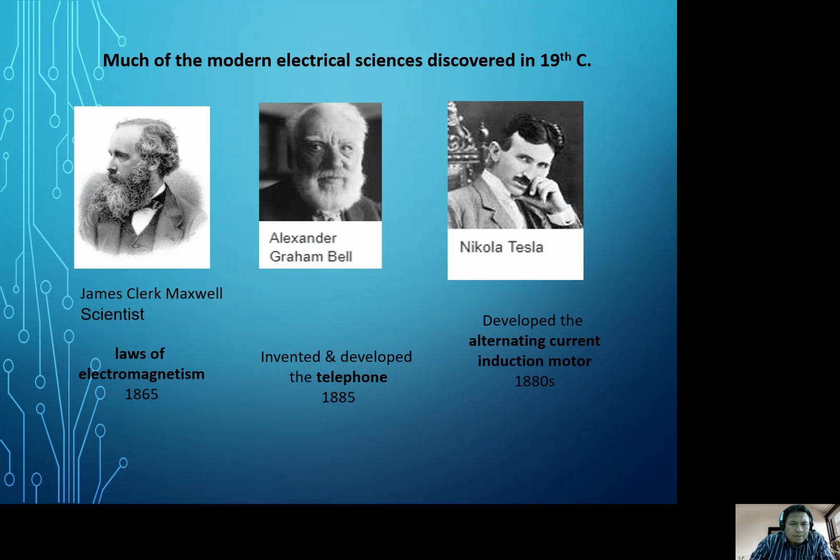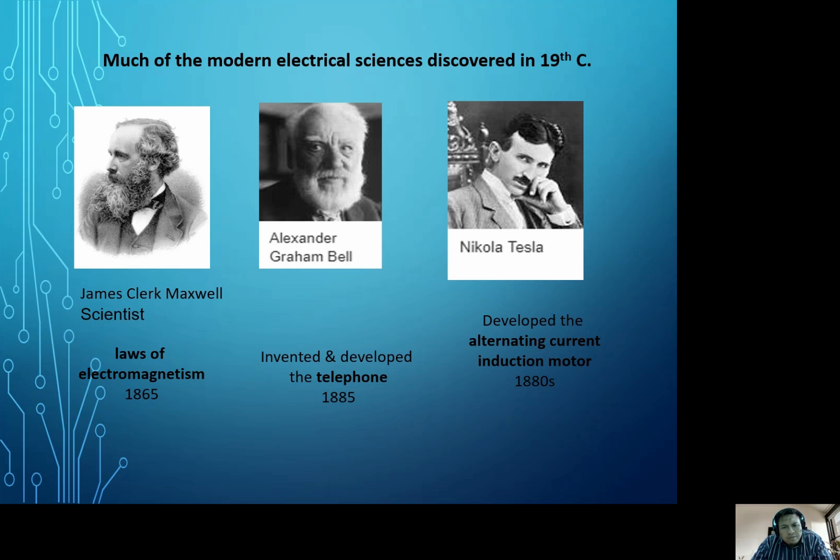Much of modern electrical science was discovered in the 19th century. The law of electromagnetism was discovered in 1865 by James Clerk Maxwell, and Alexander Graham Bell then invented the telephone in 1885.